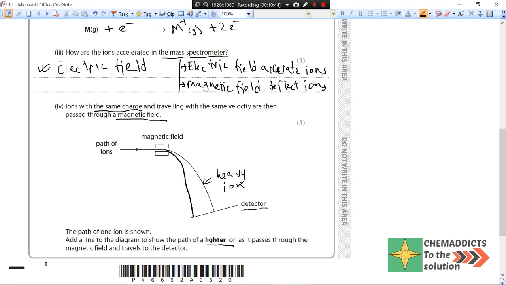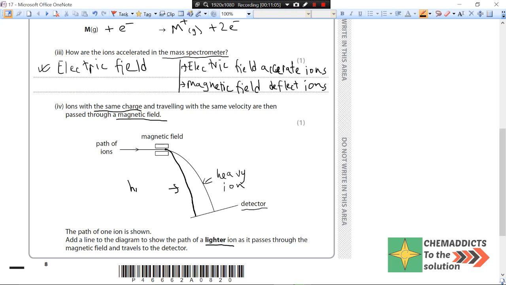Well, let me draw this clearly. So this is the path for lighter ions.